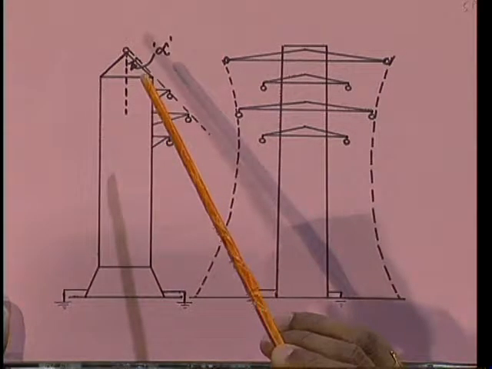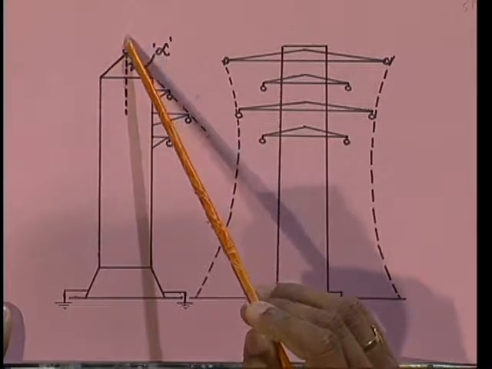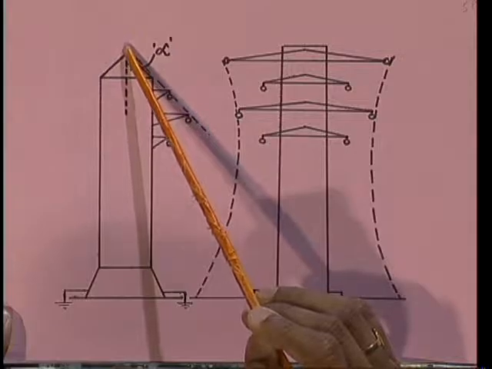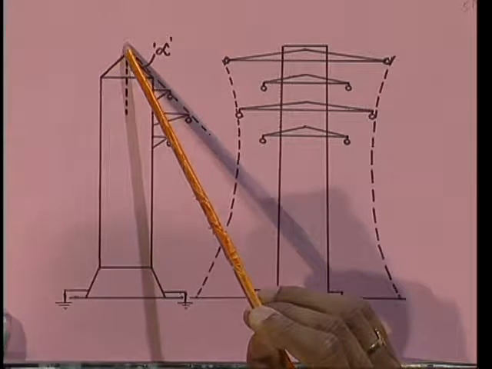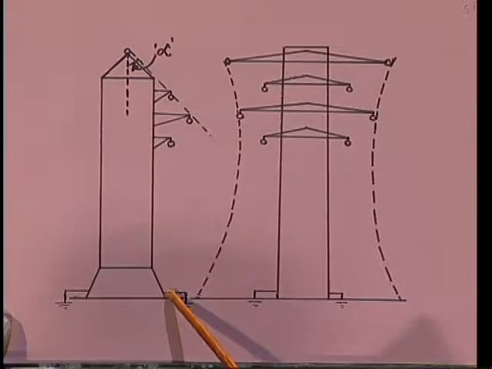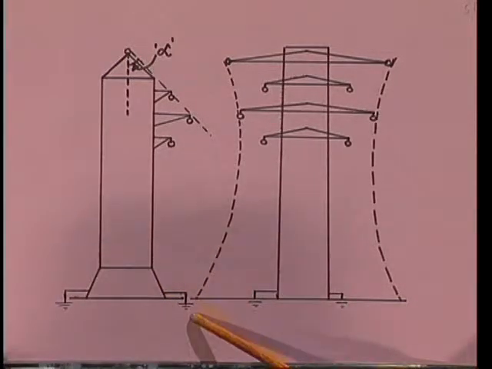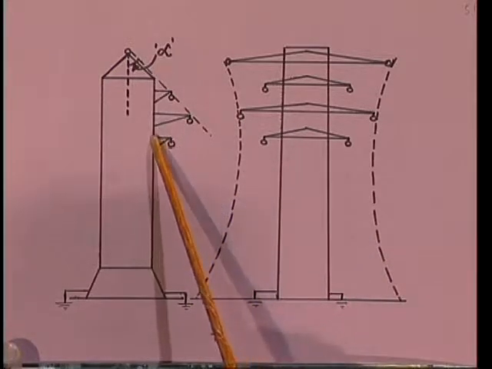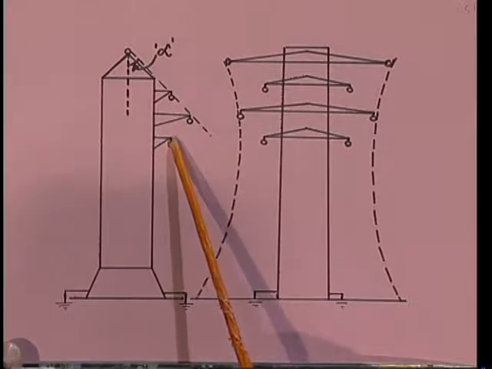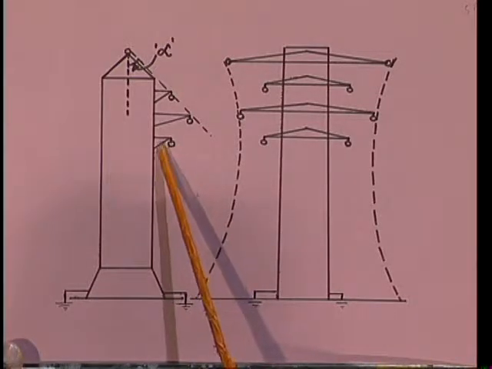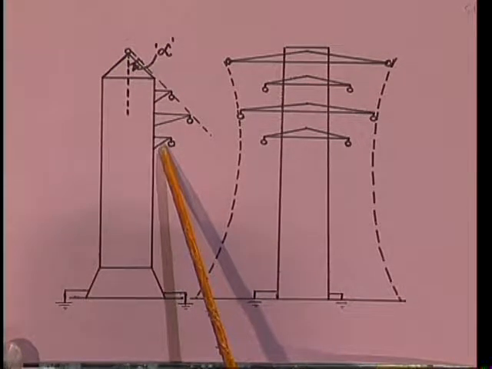Suppose the lightning stroke hits the transmission line tower or earth conductor. The voltage produced on the earth conductor is diverted like this through earth. If it is properly earthed, it is always discharged to the earth, and we provide sufficient distance between the tower and conductor, so we avoid sparks or arcs.